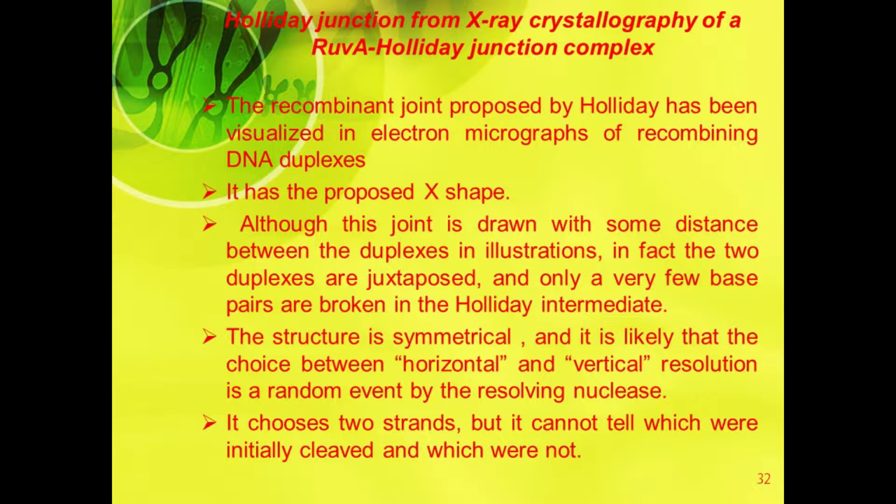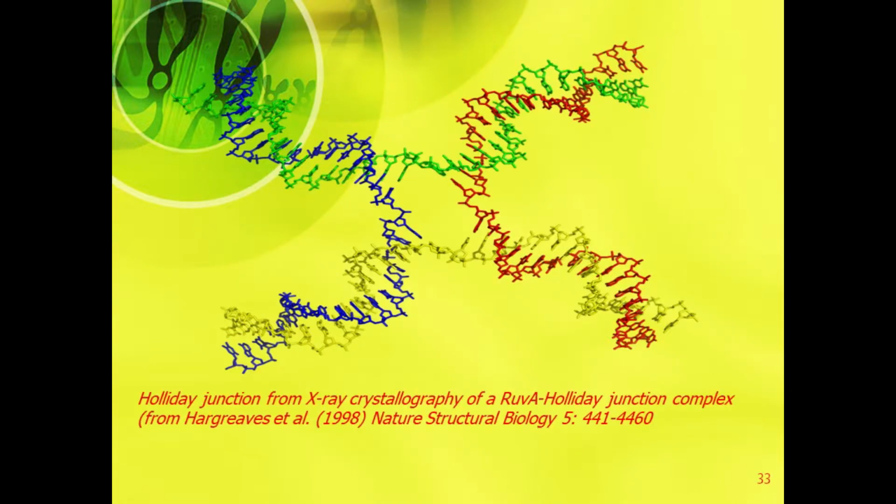The structure is symmetrical, and it is likely that the choice between horizontal and vertical resolution is a random event by the resolving nuclease. It chooses two strands, but it cannot tell which were initially cleaved and which were not.